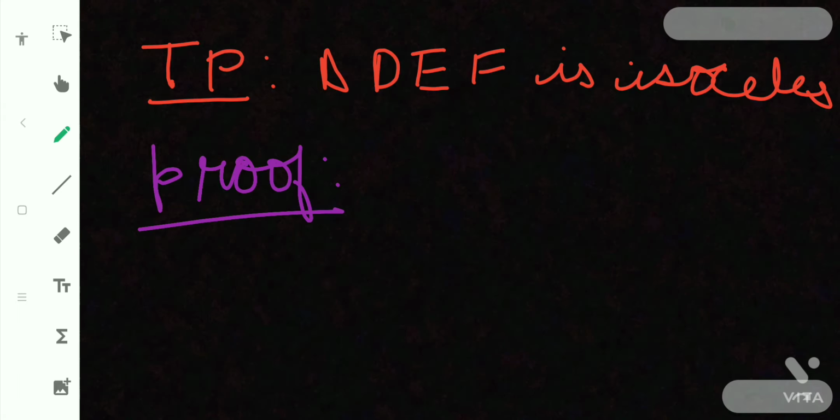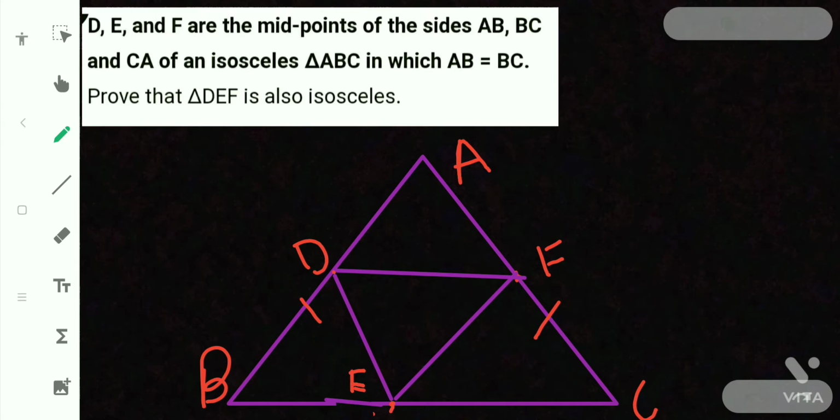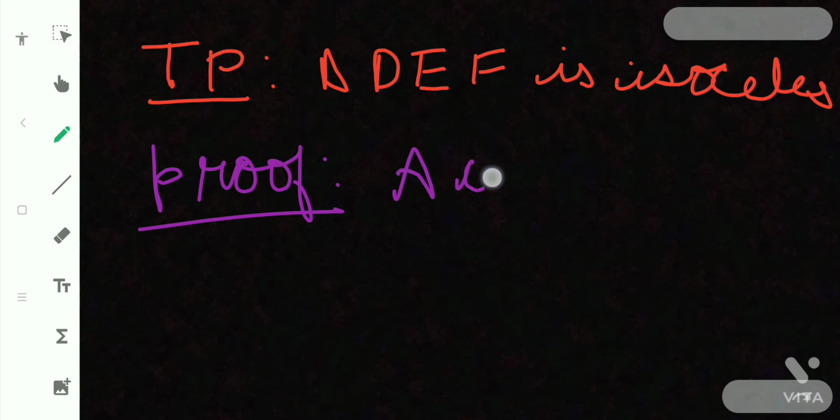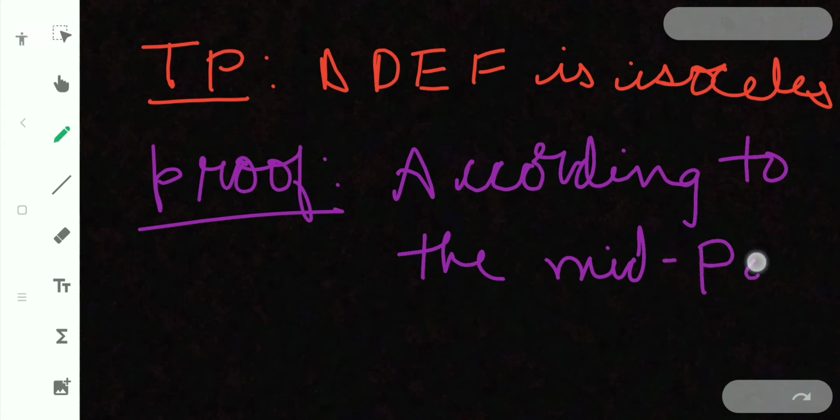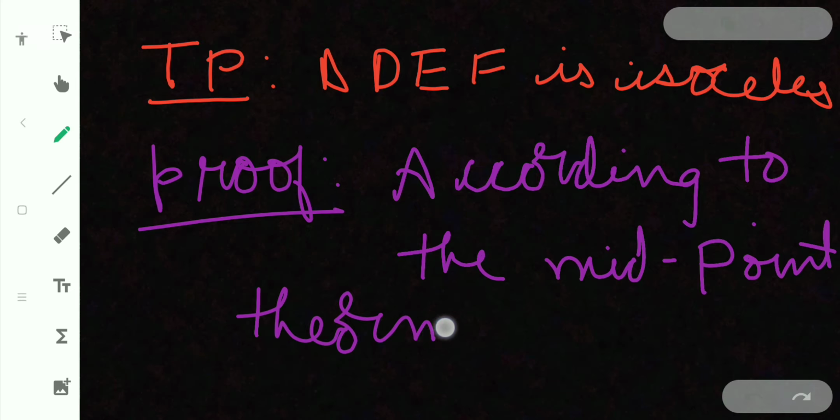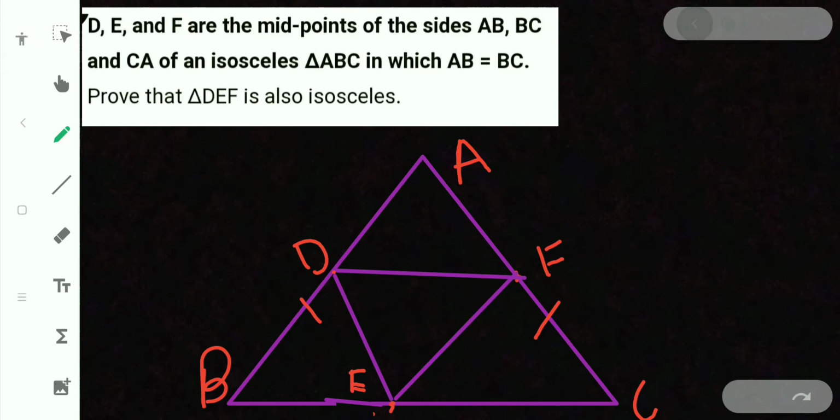So now, according to the midpoint theorem, you will get DE is equal to half of AC.